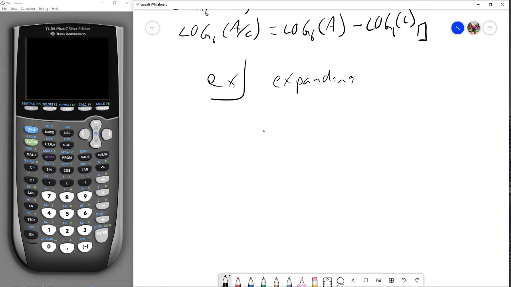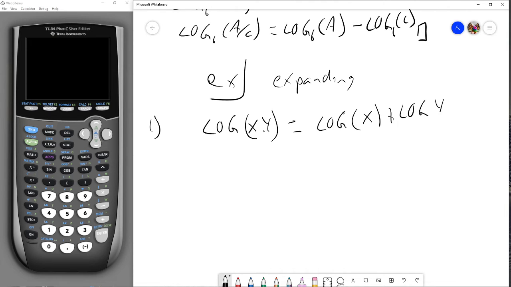If we have, for example, log of xy, well, we'll call this example one. We can expand this using our addition rule for laws of logs. So log of x plus log of y, or I should say our multiplication law.